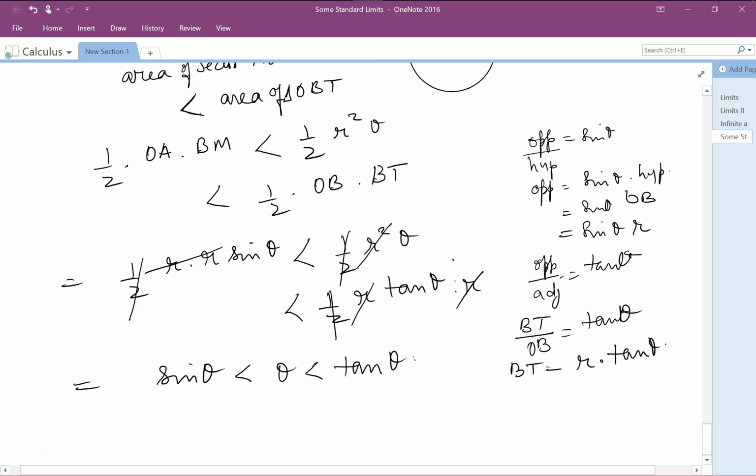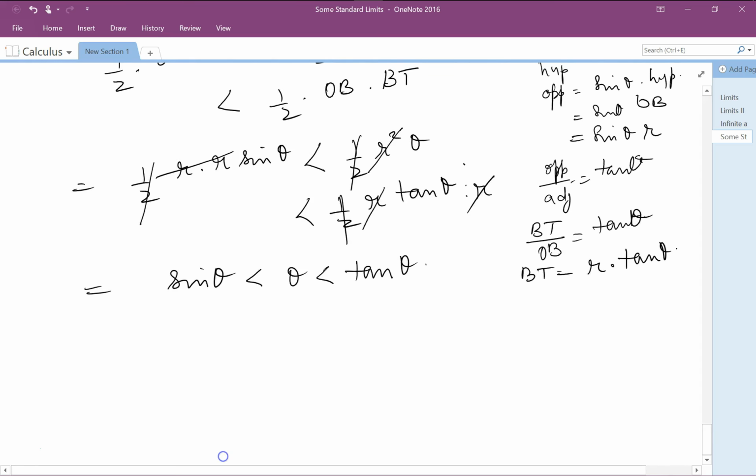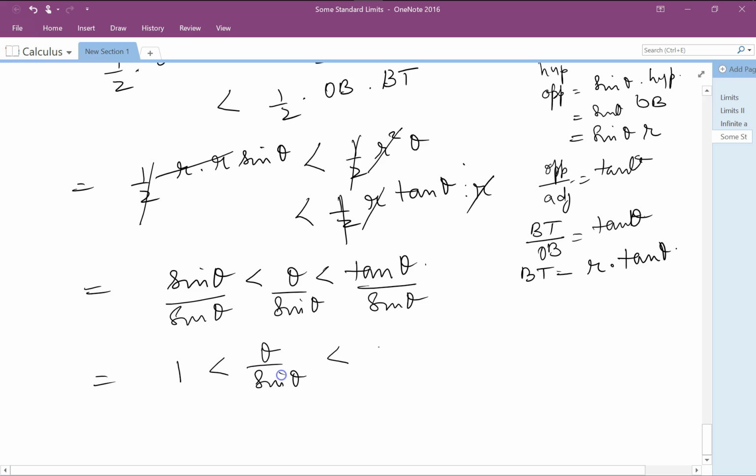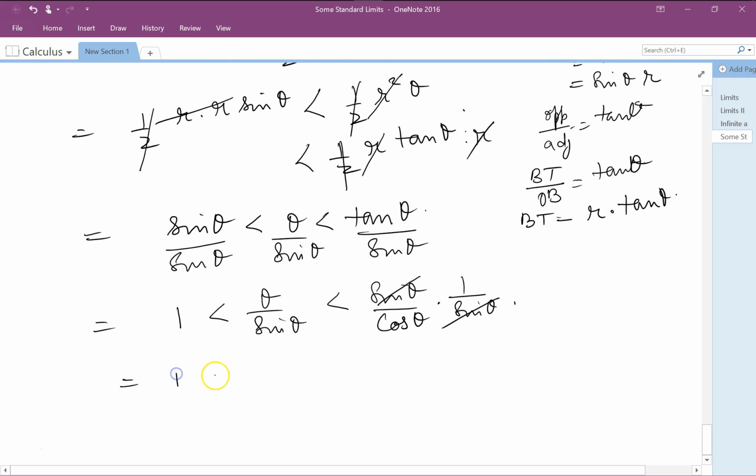Now let's divide all three by sin theta. So we end up with 1 less than theta by sin theta. Tan theta is sin theta by cos theta into 1 by sin theta, so these two get cancelled. It's less than theta by sin theta, which is less than 1 by cos theta.